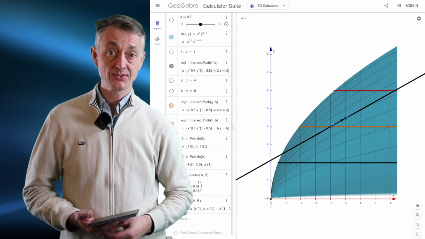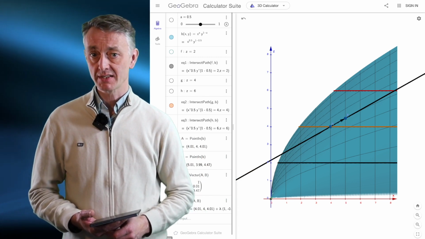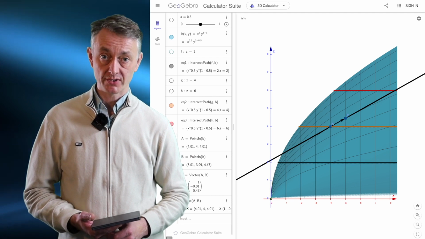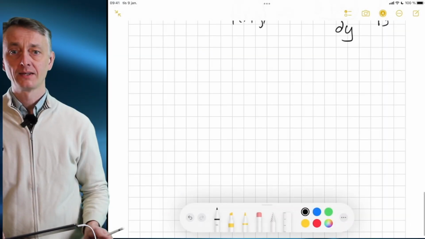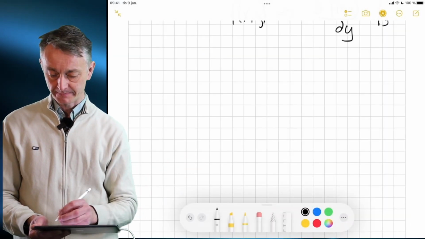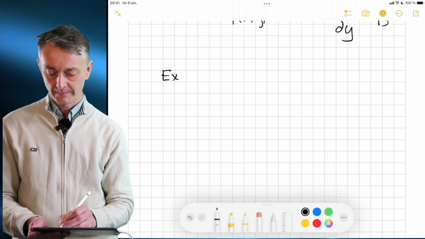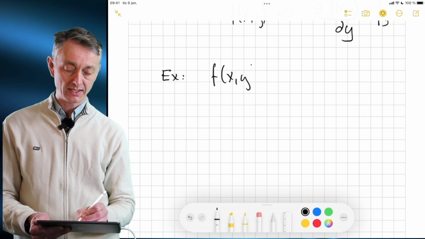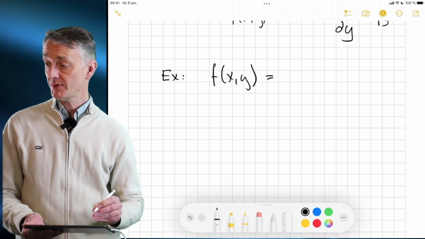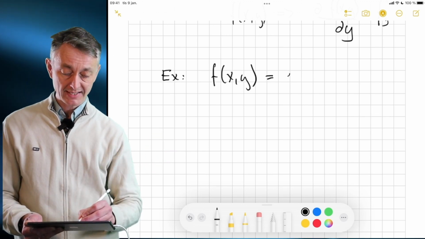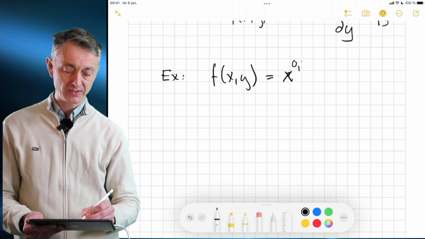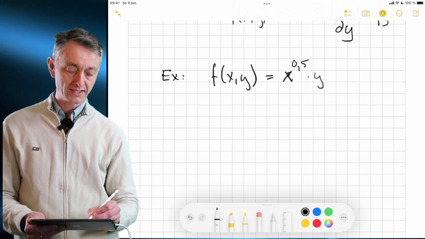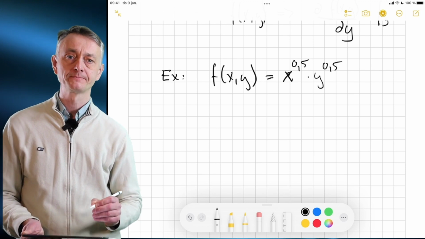Now let's get back to how we can calculate a partial derivative. So let's take one example. Let's say we have this function f(x,y) equal to the one we were just looking at, namely x to the power 0.5 times y to the power 0.5.